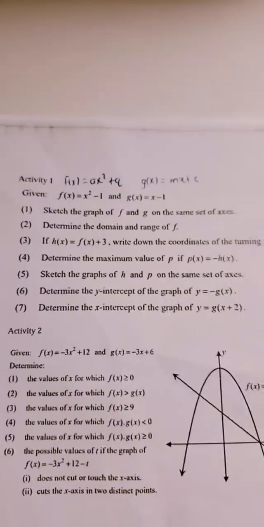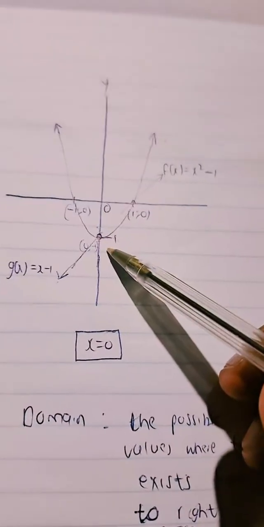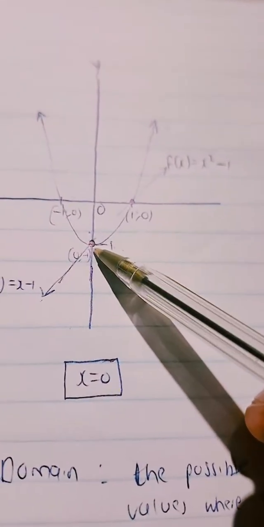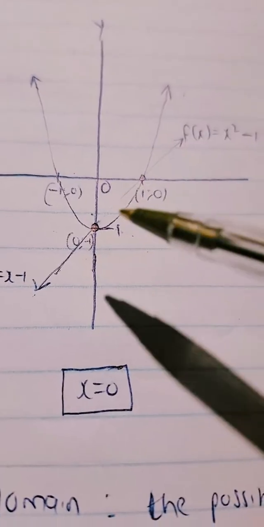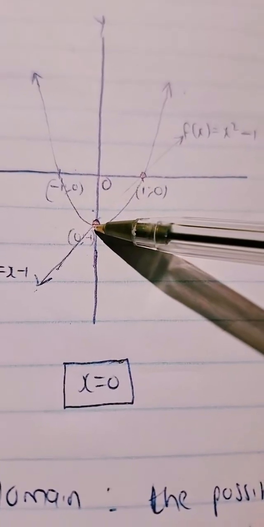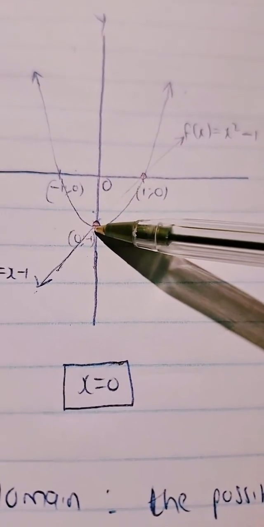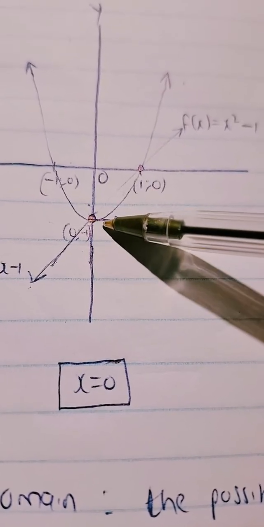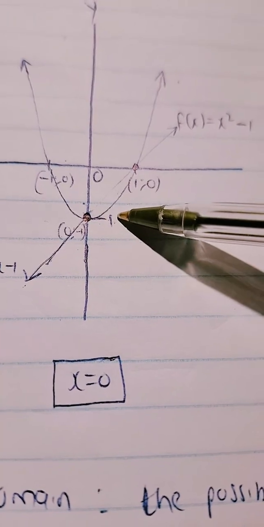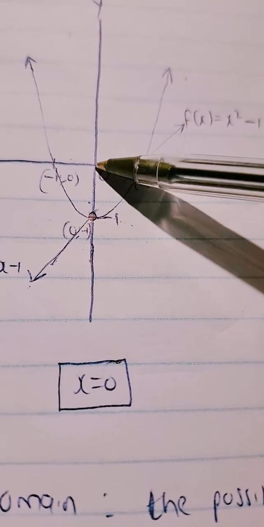So if we are shifting the graph of f of x, let's come here, guys. If you shift this graph by 3 units upwards, what happens? The entire function moves, meaning the entire minimum value, the turning point, moves, right? So we add 1. If we add 1 to -1, we get 0.